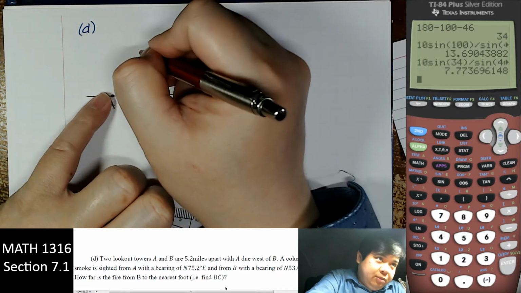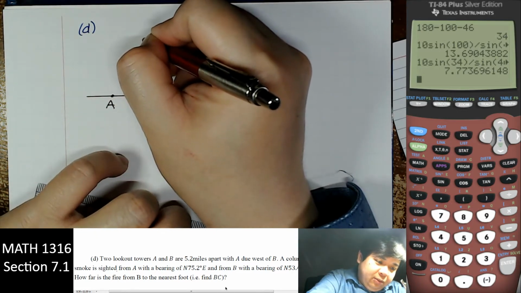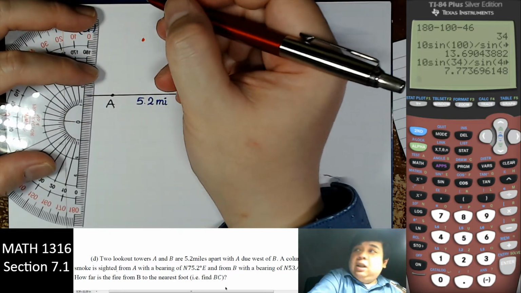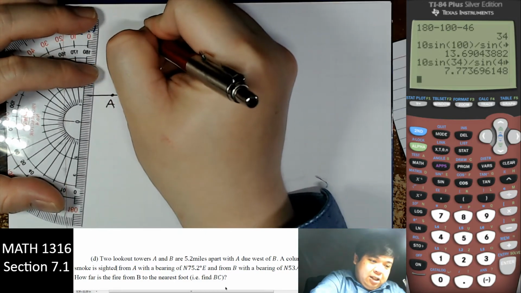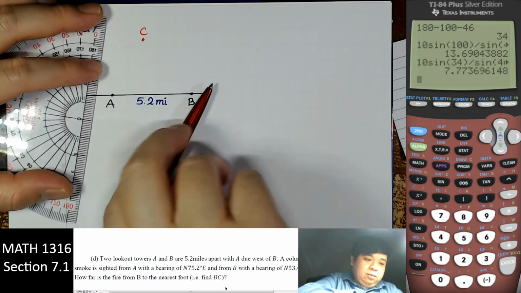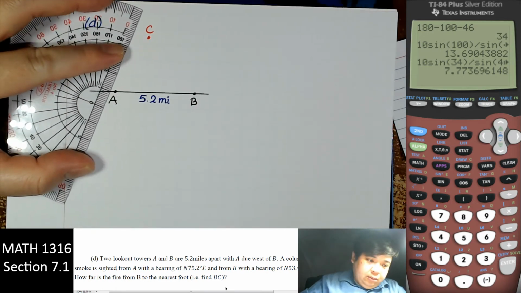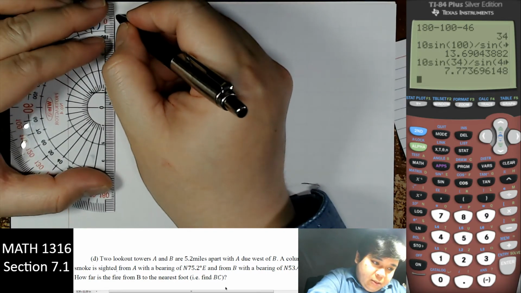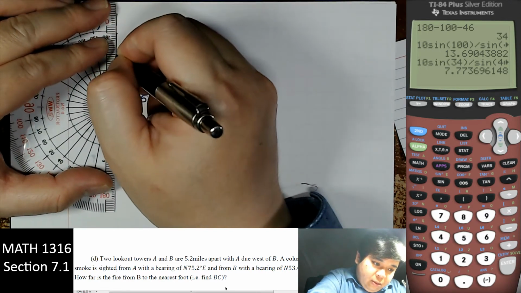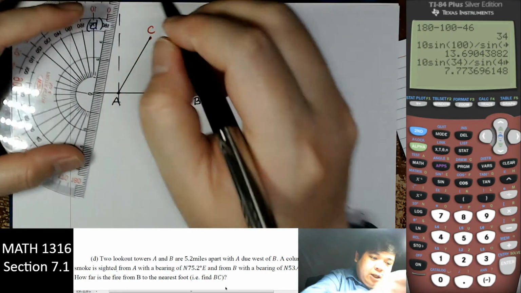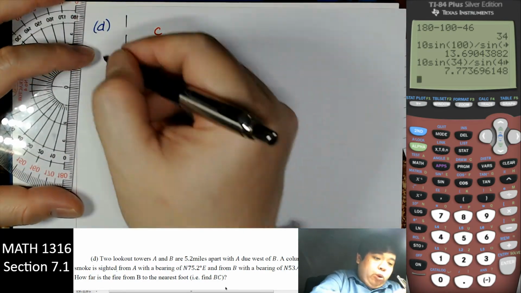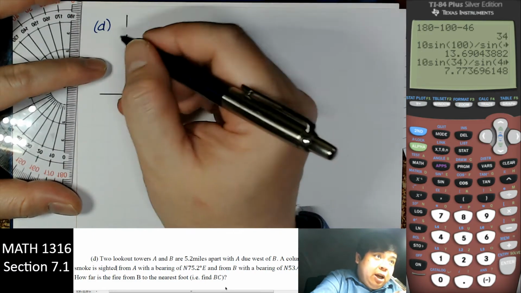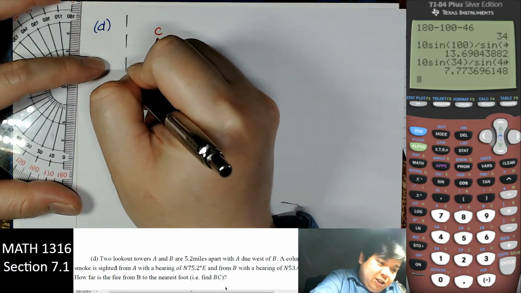From A, so there's smoke here. Let's say that is C. And the bearing is north 75.2 degrees. I wrote that terribly.